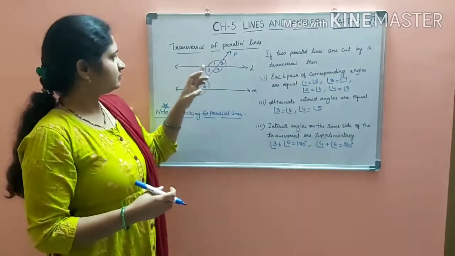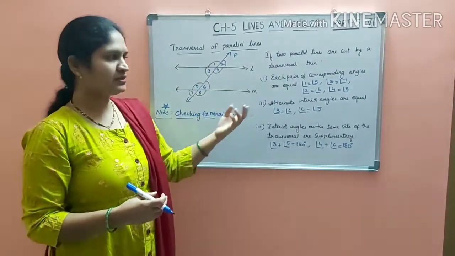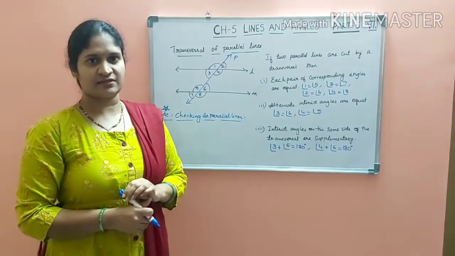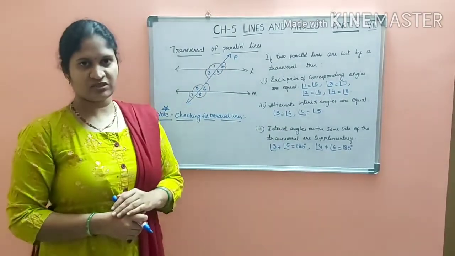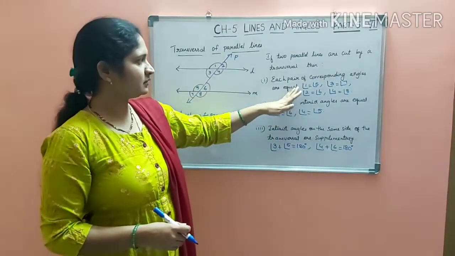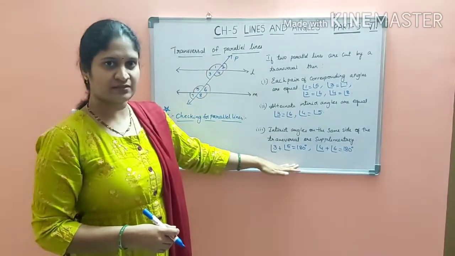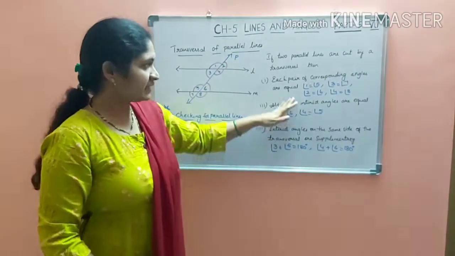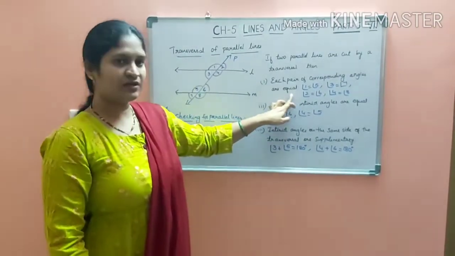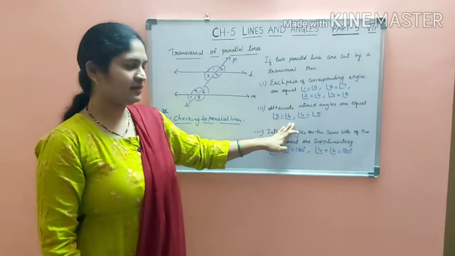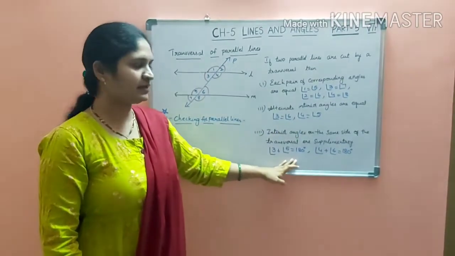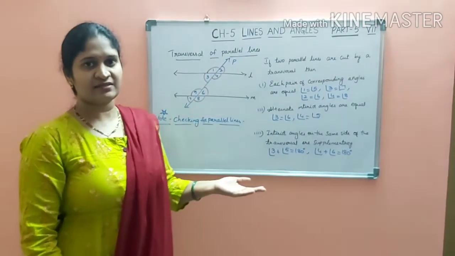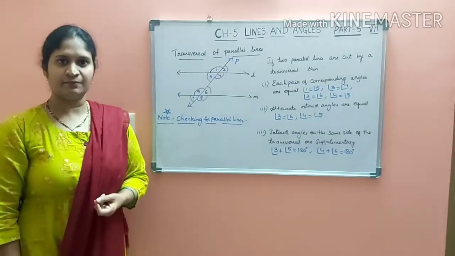Any two angles, corresponding angles or interior angles on the same side of the transversal. What we have to check is whether these three facts are satisfied. So either corresponding angles should be equal, or alternate interior angles should be equal, or interior angles on the same side of the transversal are supplementary. Then we can say that the two lines are parallel.